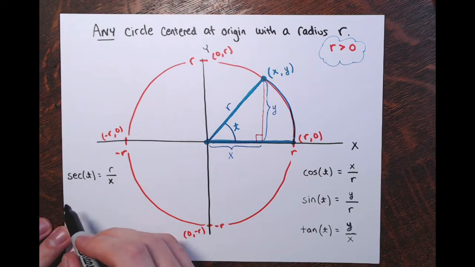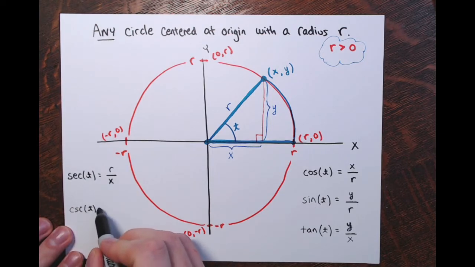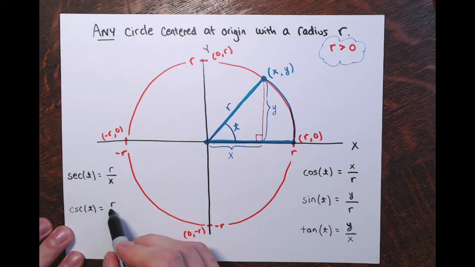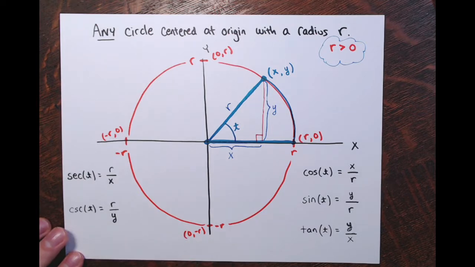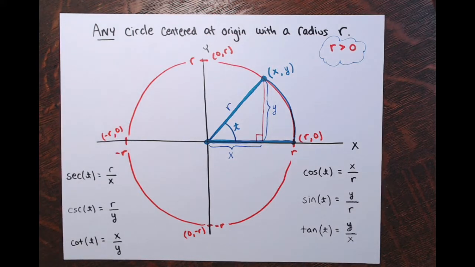The reciprocal of sine was cosecant, and that would be the radius of the circle divided by the y-coordinate of the point, just flipping over the sine. And the reciprocal of tangent was called cotangent. That would just be the x-coordinate of the point divided by the y-coordinate of the point, flipping over y over x to be x over y.